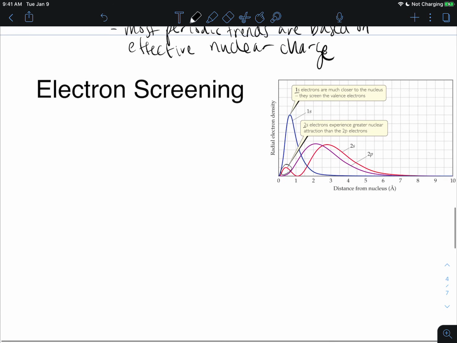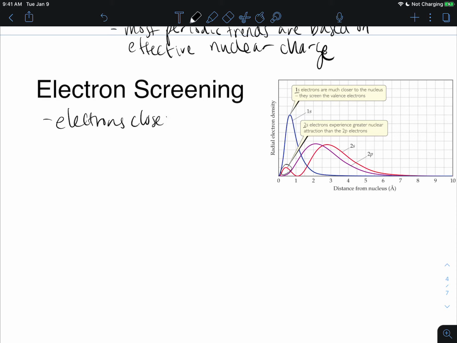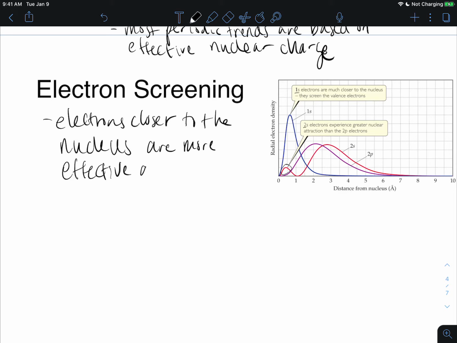So electrons closer to the nucleus are more effective at screening nuclear charge because they spend more time near the nucleus. So our s electrons are usually better at screening our nuclear charge than p electrons.